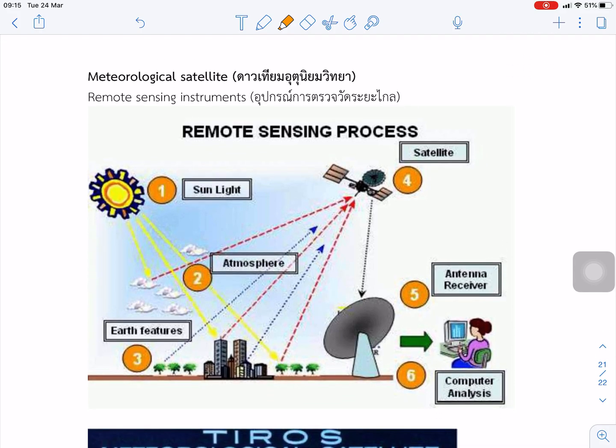Okay, the other method that we can use to measure the rainfall is the meteorological satellite.